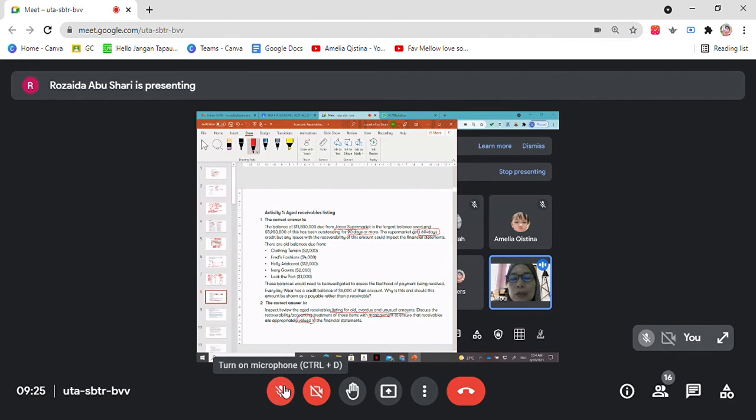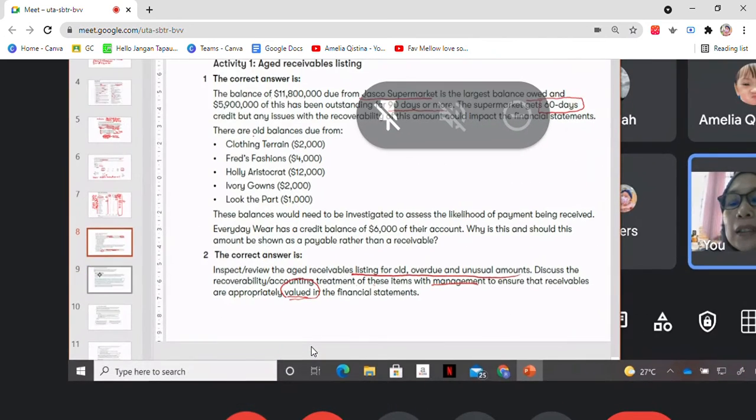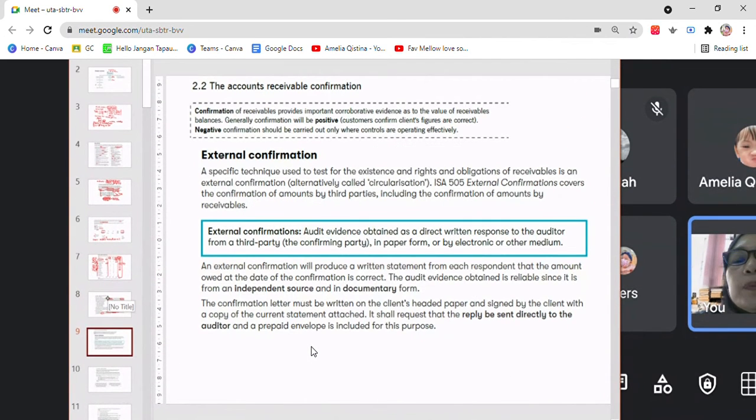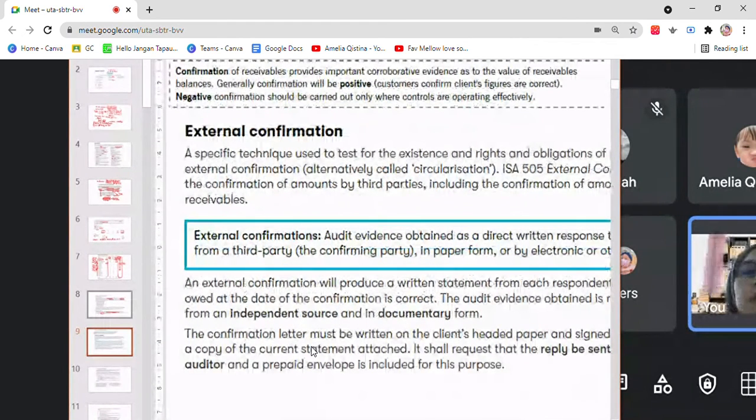So in order to confirm that the value is correct, then you have to send a confirmation letter. So confirmation of receivable provides important corroborative evidence as to the value of receivable balance, and generally information will be positive. Customer confirms client's figure as correct, or negative. Should be carried out only when controls are operating effectively.